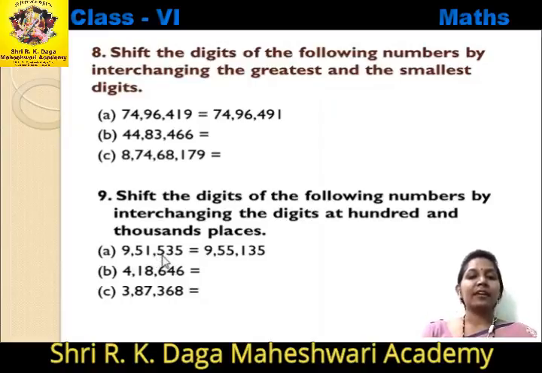The digit at 100 place is 5 and the thousands place is 1. So we will change these digits and the new number will be 9,55,135. We just change the place of digit at thousands place and hundreds place. 5 will come at thousands place and 1 will come at hundreds place.